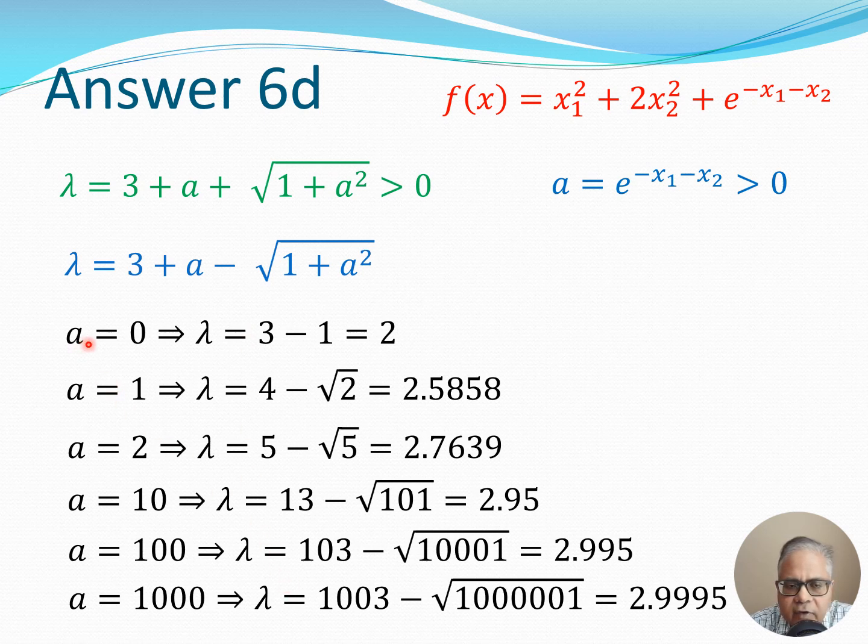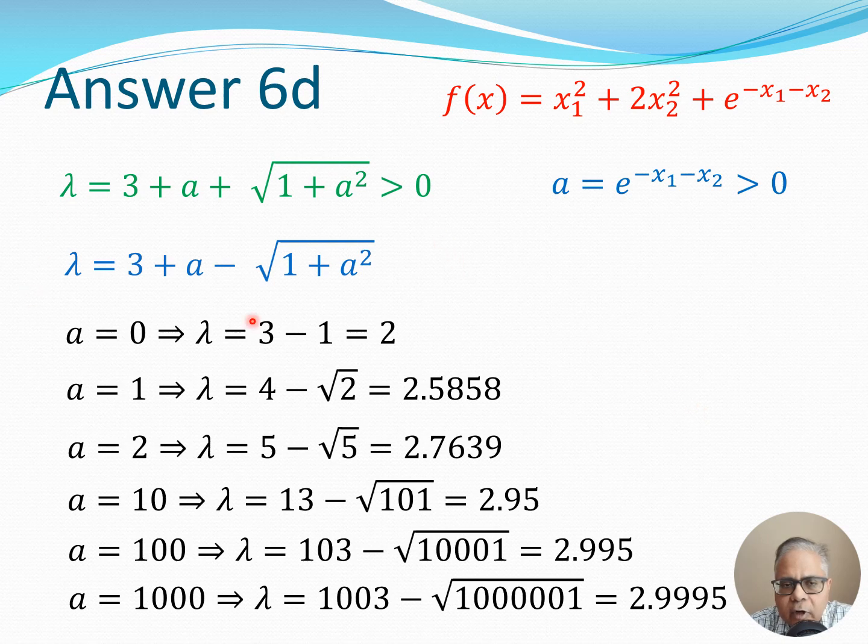For example, if I put a is 0, this is going to become 3 minus 1, that is 2. If I put a is 1, this is going to become 3 plus 1, that is 4, minus root of 2, that is 2.5858. And it continues on this path, and as a becomes larger, in the case a is 1000, lambda comes to 2.9995.